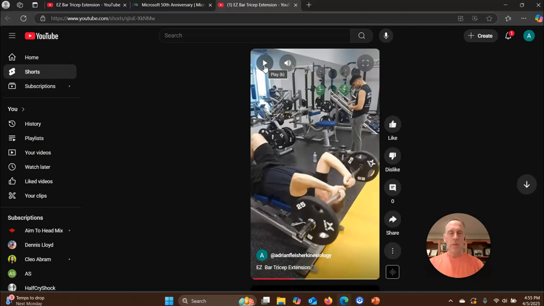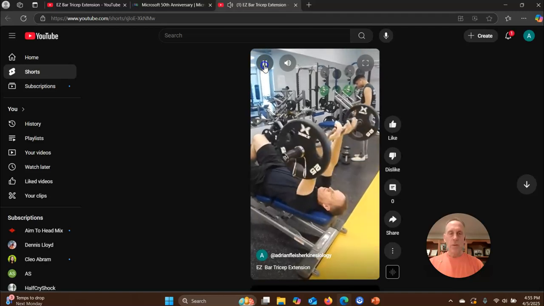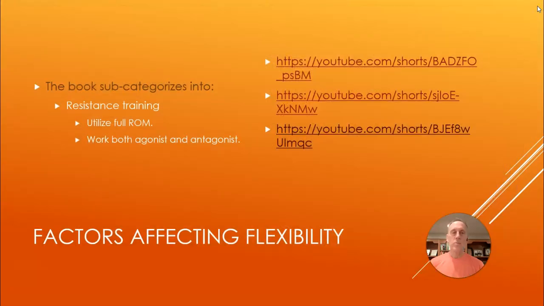And then when we go ahead and contract the tricep, the bar comes up. But to get to a shortened tricep, we have to have a bicep that's flexible enough to allow that to happen. Again, reciprocal inhibition has to be in place to allow that to happen, but also there has to be enough flexibility to make that happen. So let's see if we can just jump right into this next one.